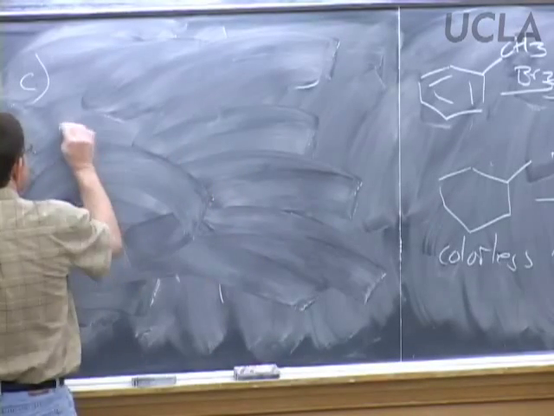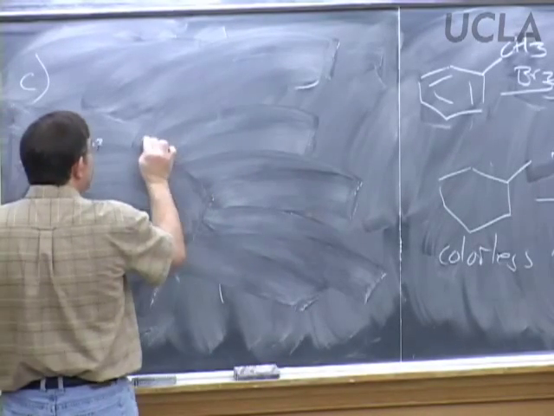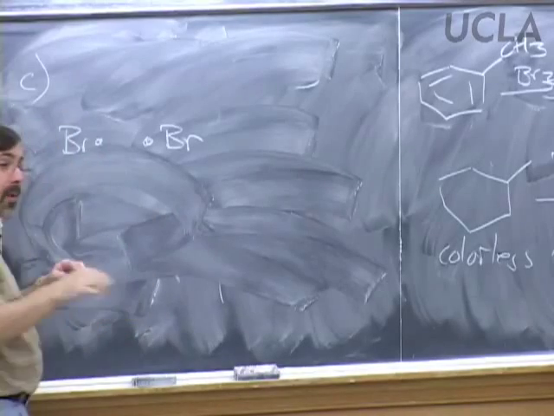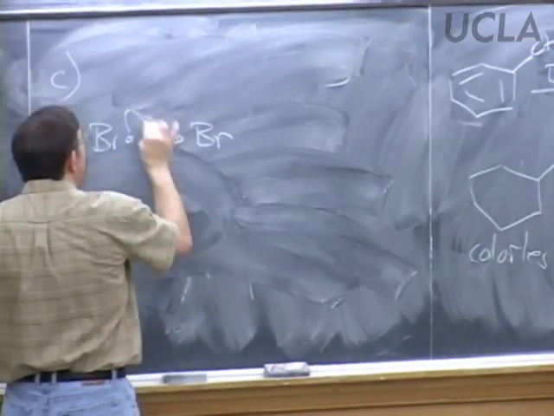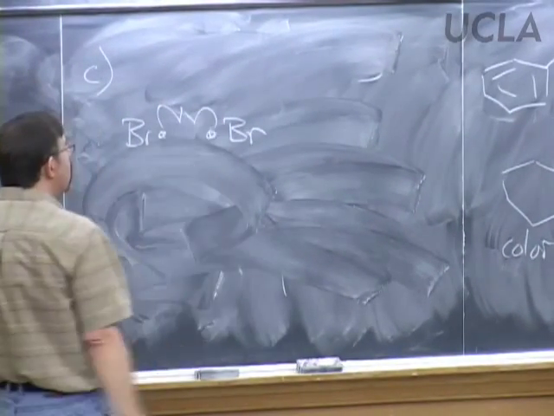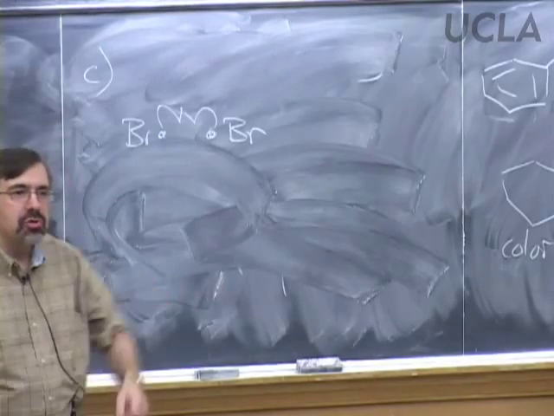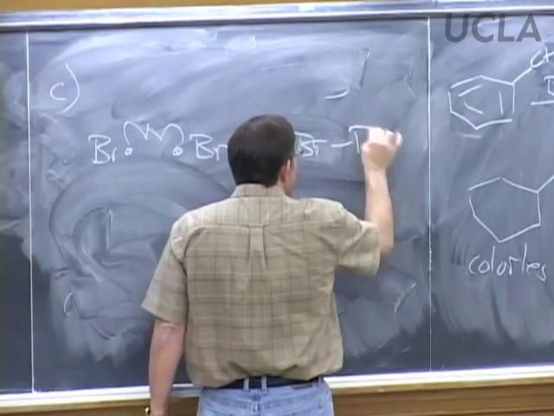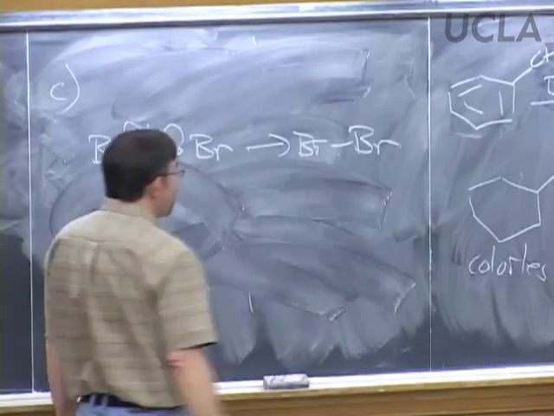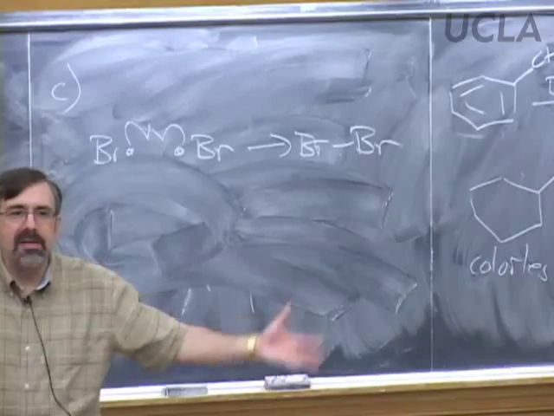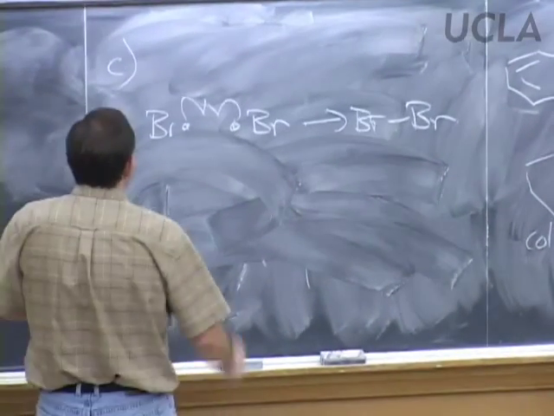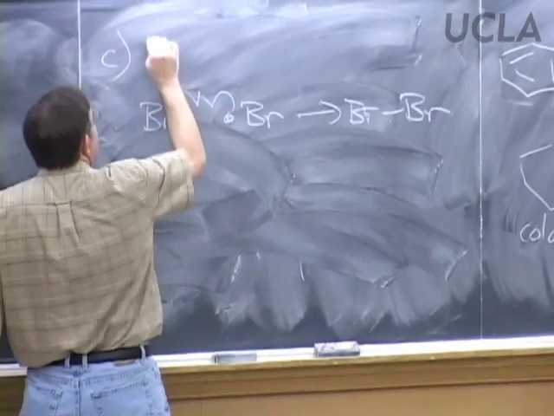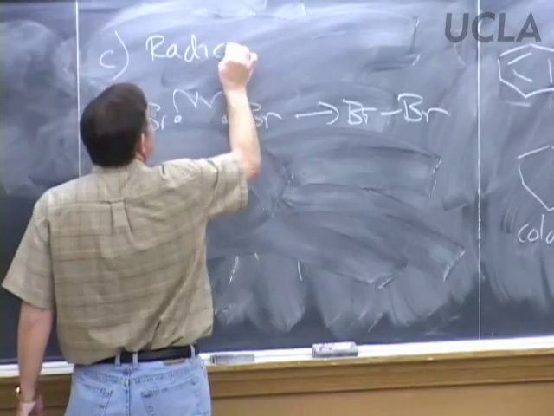So let's take a bromine radical and a bromine radical, on the way out from the therapist's office. One electron there, one electron there. Each contributes one to the mutual bond, and we end up with a new covalent bond. Everybody's happy. I call this radical combination.